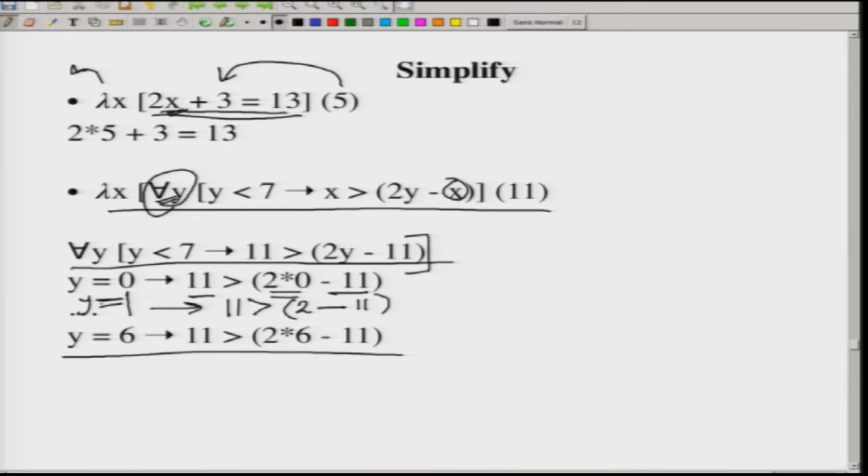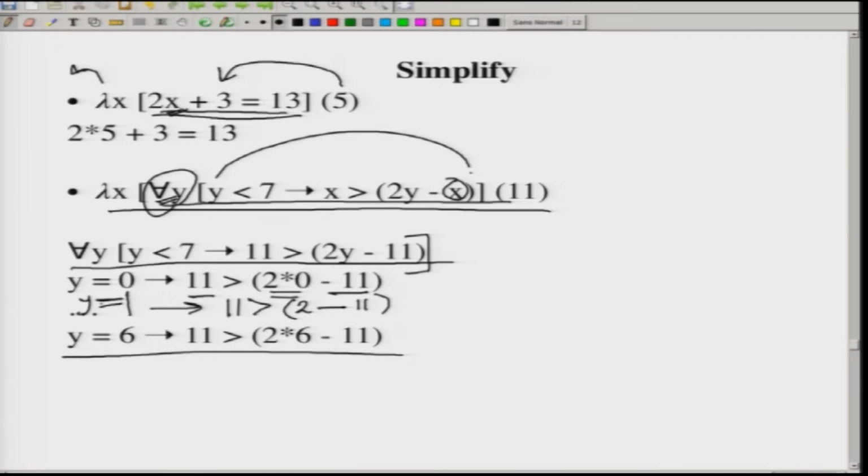So, yes, in a very complex manner, although it is a very simple function, what it can do can be very complicated. In a very complex manner, this is actually defining this whole function, that is, for all y, if y is less than 7, then x is greater than 2y minus x.